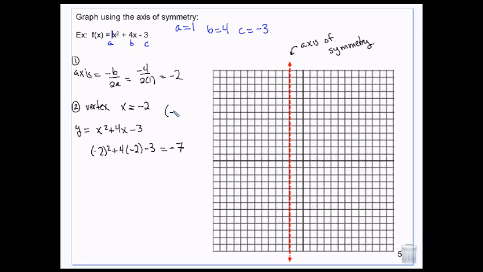So my vertex is at -2, -7. So I go down to -7, and I draw a dot. And then my third step is to find my y-intercept, which is c. So on my y-axis, I go to -3, and I draw a dot.